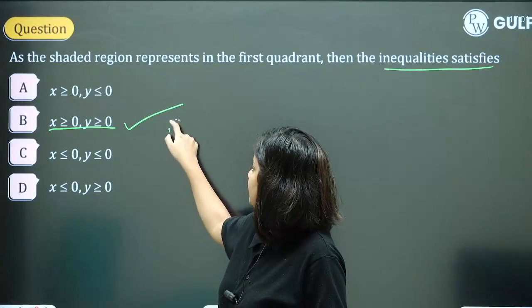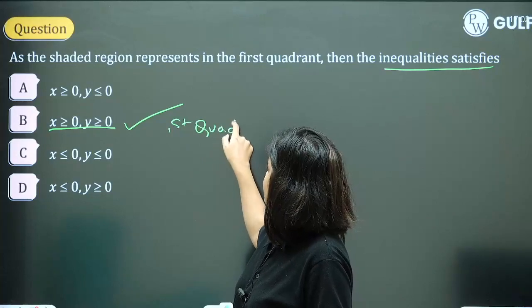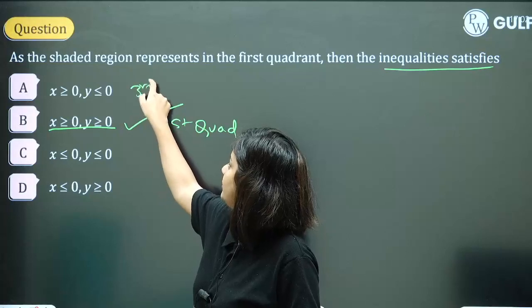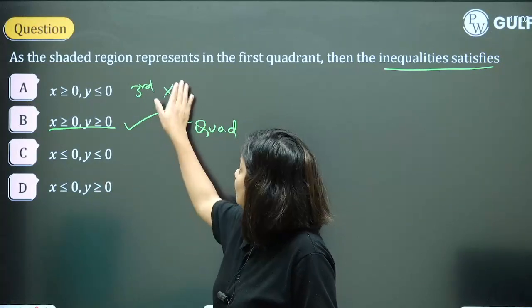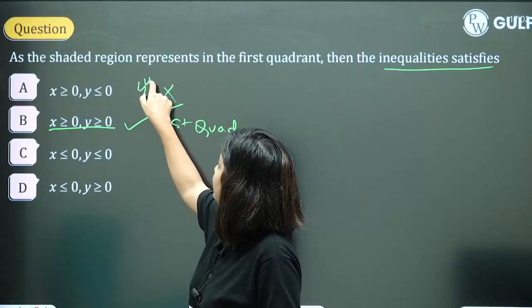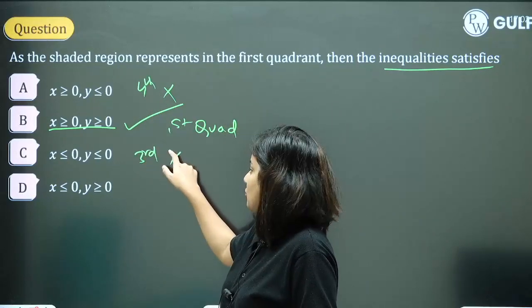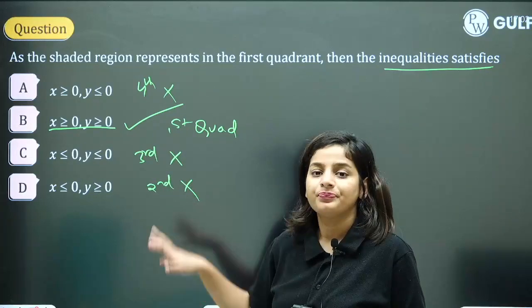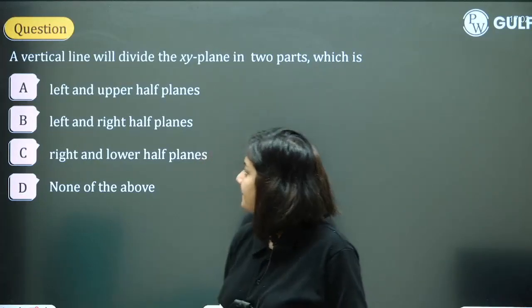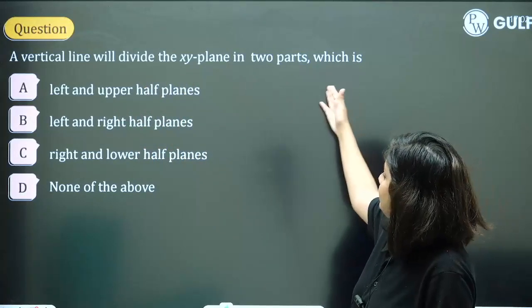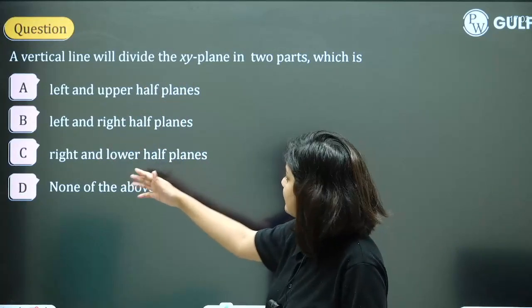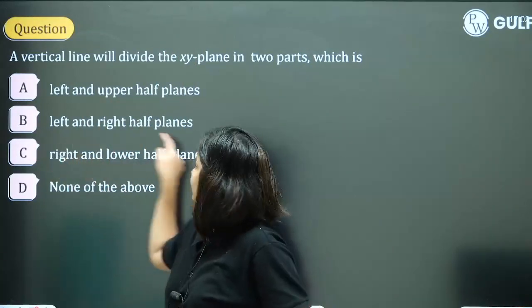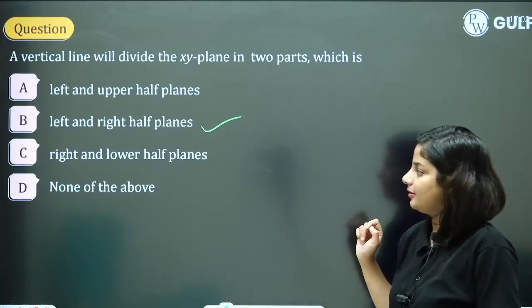First quadrant is x positive, y positive. x positive, y negative is your fourth. x negative, y negative is the third quadrant. No. x negative, y positive is the second quadrant. Do we want the second quadrant? No. We wanted the first quadrant. A vertical line will divide the entire plane into left and right parts, not upper and lower.